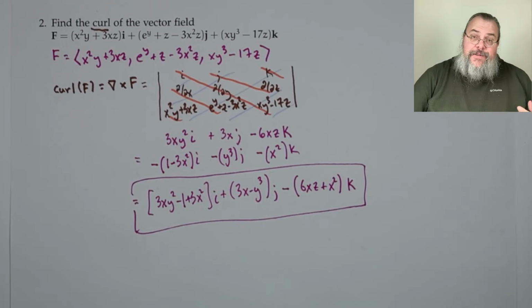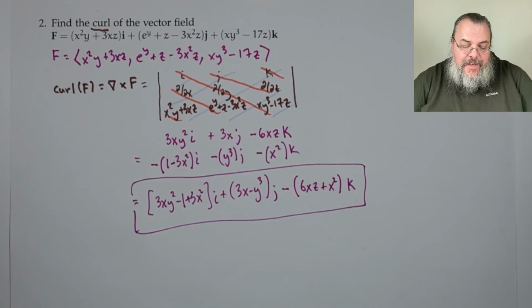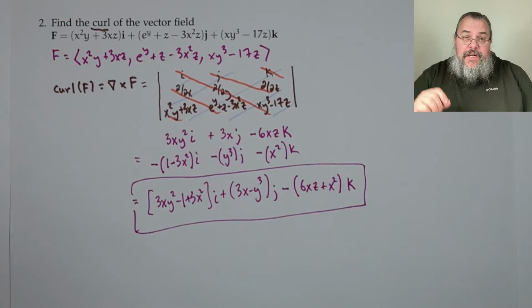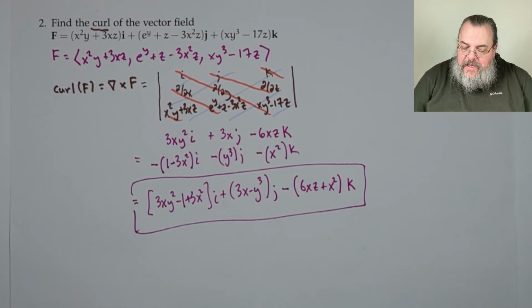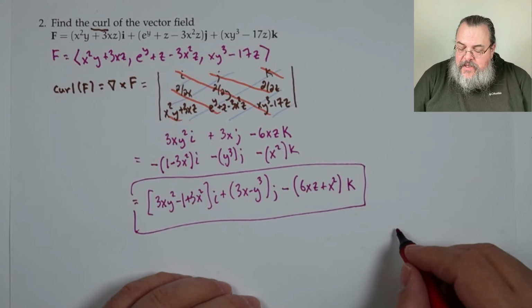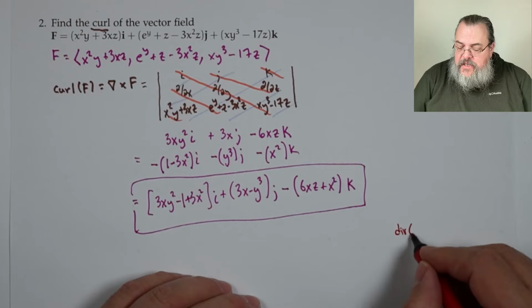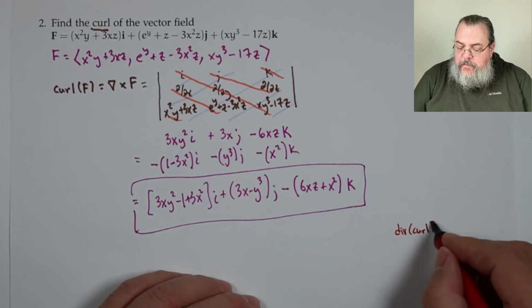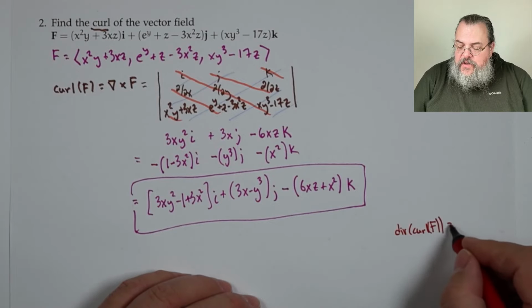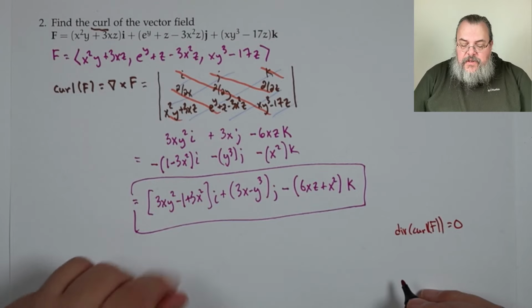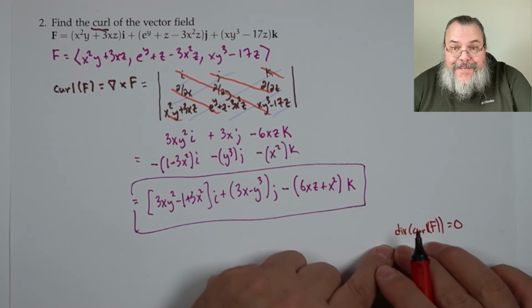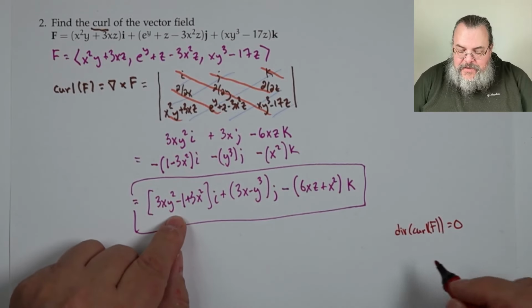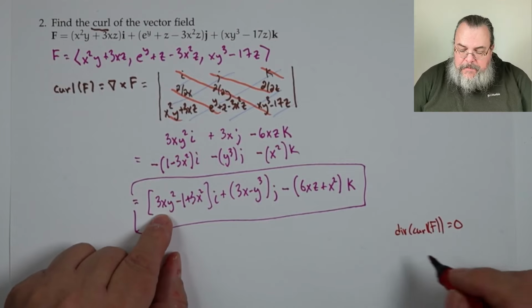Now, you might ask, can we check our work? There is a couple things you can do to check your work. It's not a perfect check, but it's not a bad check. And it uses the following fact. If you take the divergence of a curl, and it doesn't matter what you start with, you should always end up with 0. So the thing is, divergence is really quick. So let's do our divergence. What do we get?